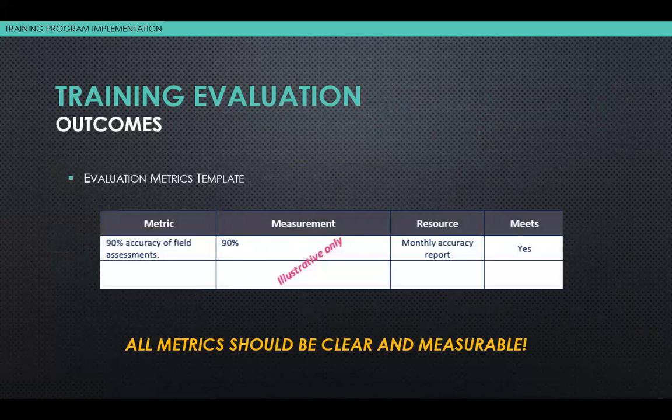We can quickly see, or do through some analysis, that 90% of field assessments were accurate. And so we identify that as a line item in our metrics in a way that, on a monthly basis, we're going to look at the accuracy of field assessments just to be sure that we are meeting this metric here.